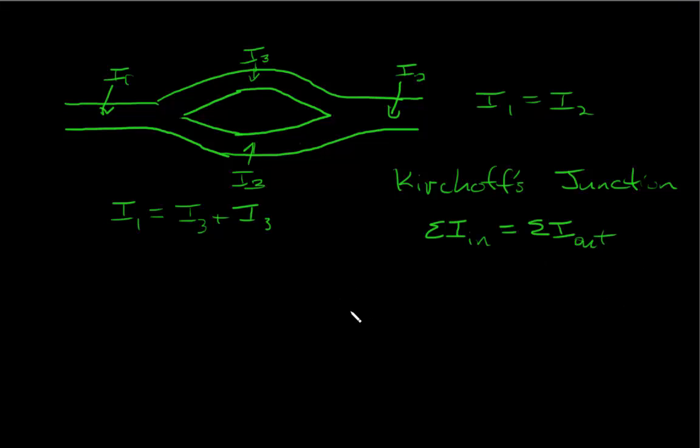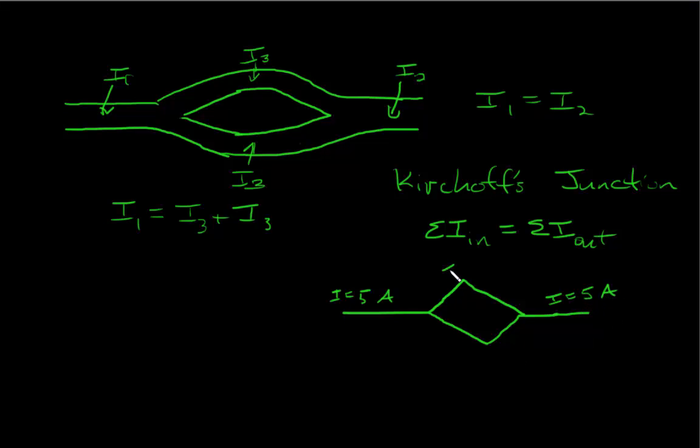So let's say that I had, I don't know, let's just make some stuff up. And then it comes back together like so. Doesn't matter about the shape. And let's say we had 5 amps moving on this side. So my current on this side is 5 amps. So then you know that this over here also has to be 5 amps.